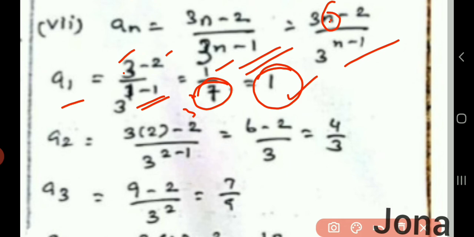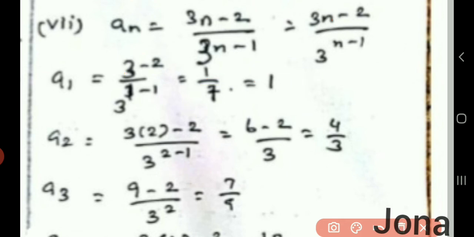And then for n equal to 2, in the place of n I want to substitute 2. So 3 into 2 minus 2 here divided by 3 power (n minus 1). Instead of n I substitute 2, so 3 power (2 minus 1). That is 6 minus 2 divided by 3 here. 2 minus 1 is 1, so 3 power 1 only, which is nothing but 3 only.